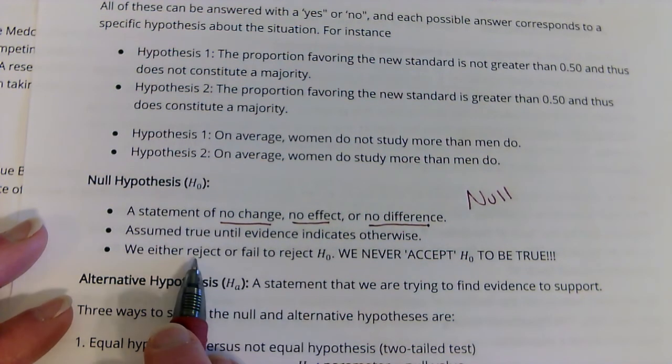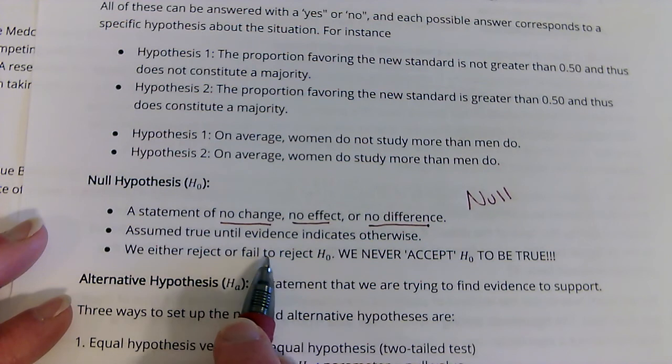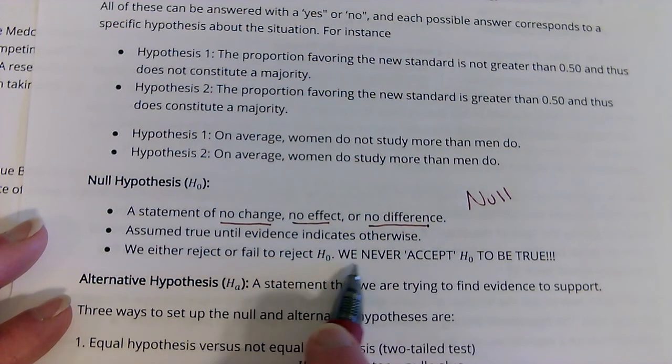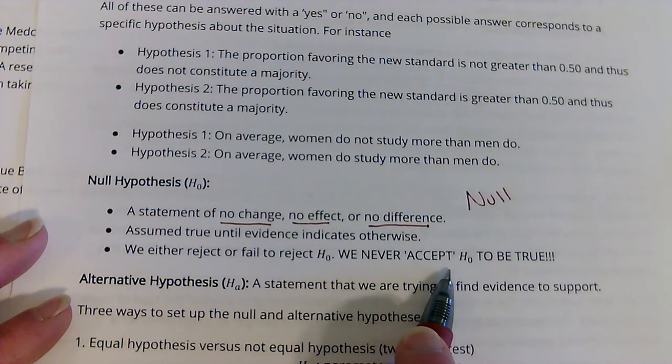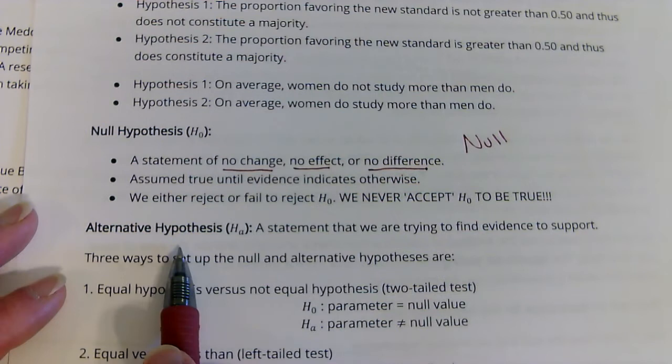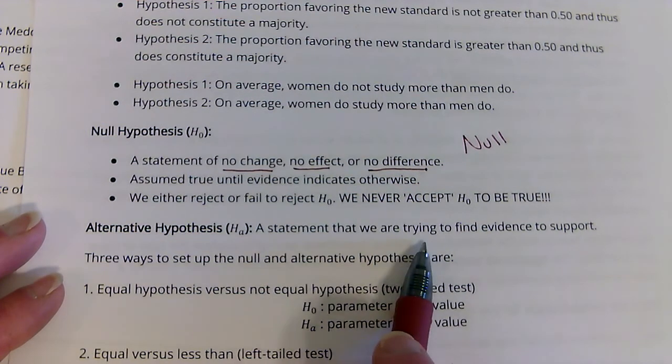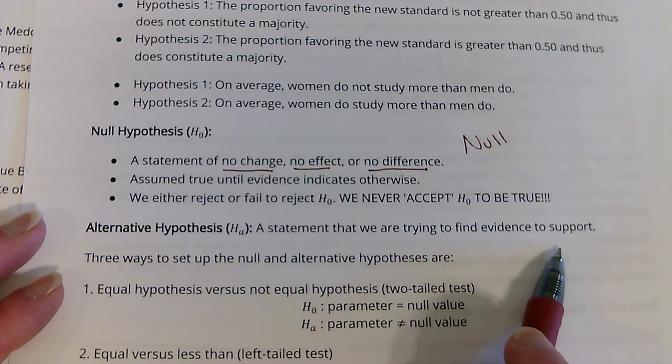We either reject or fail to reject it. We will never ever accept it to be true. Now, the alternative is the statement that we're trying to find the evidence to support.